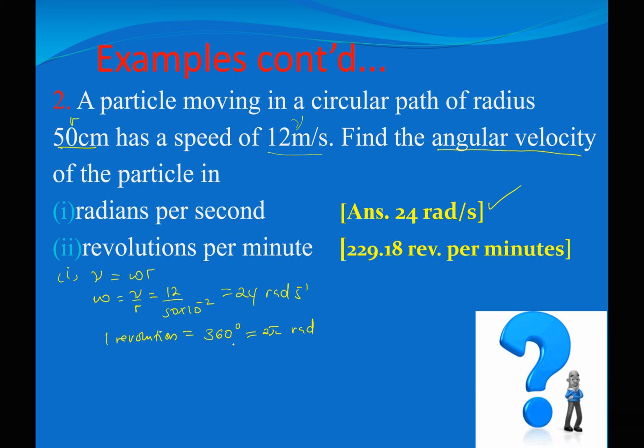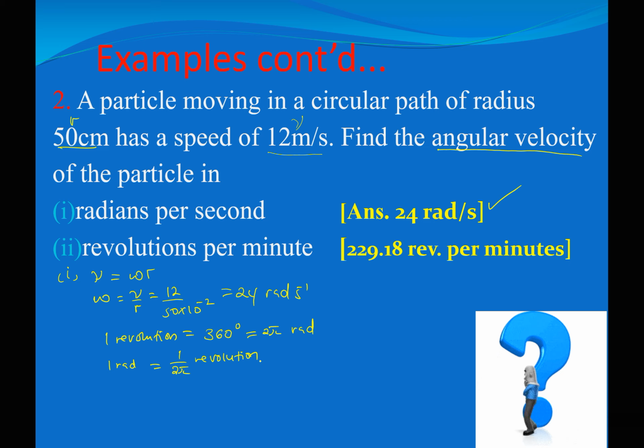So that means 2 pi radians is one revolution. So what is 1 radian? 1 radian is going to be 1 over 2 pi revolutions. After all, 1 revolution is 2 pi radians.